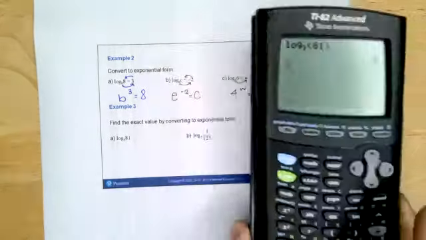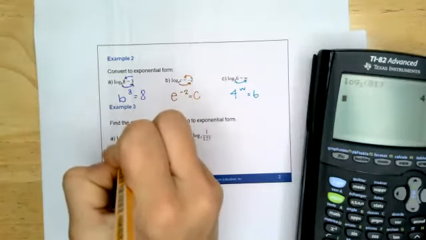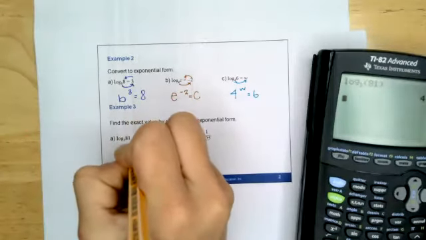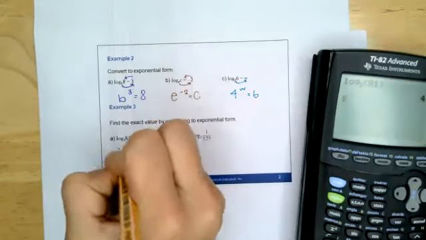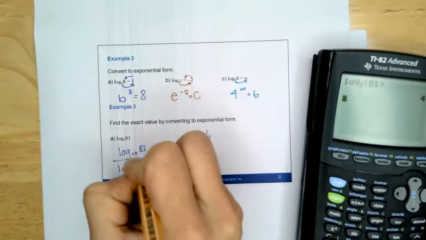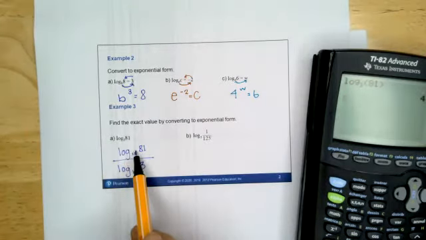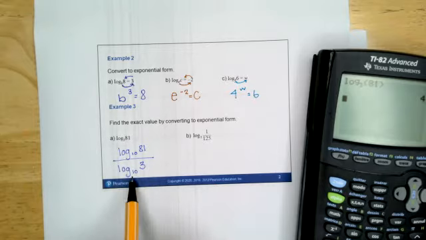To do that, what you want to change this to is, in your calculator, log base 10 of 81 over log base 10 of 3. So you take the 81, put it in your calculator, and then you divide it by the log of your base. Is that okay?